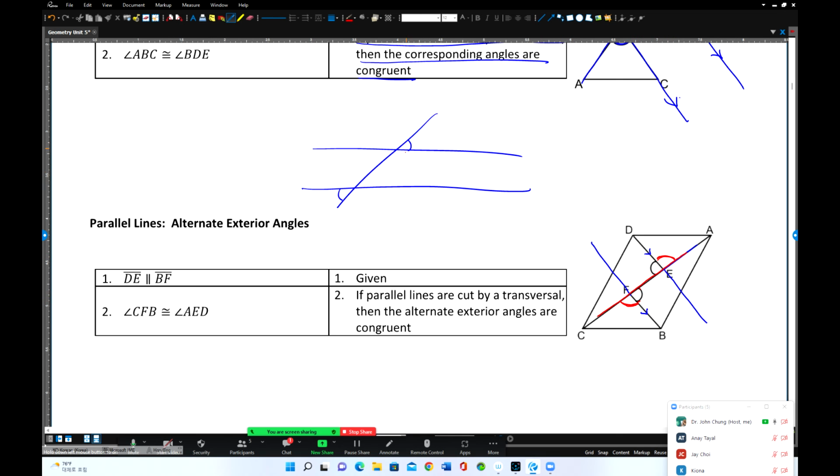Because of the two parallel lines, I'm going to draw two parallel lines over here. We have a transversal over here. These two angles are exterior angles. Alternate exterior angles are congruent. Alternate interior angles, what is this? Alternate interior angle, right? These two angles are alternate interior angles.